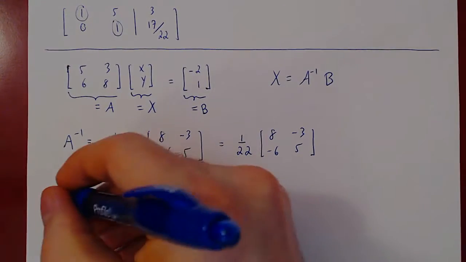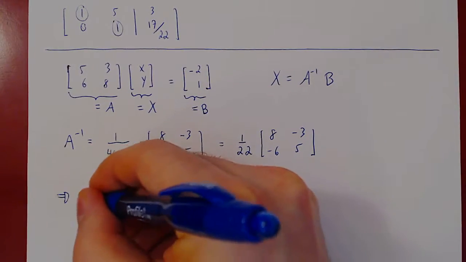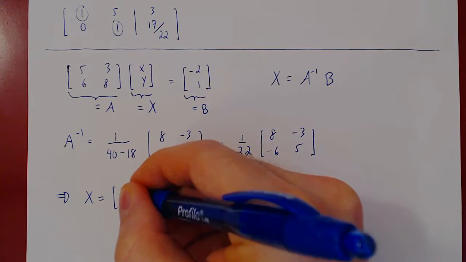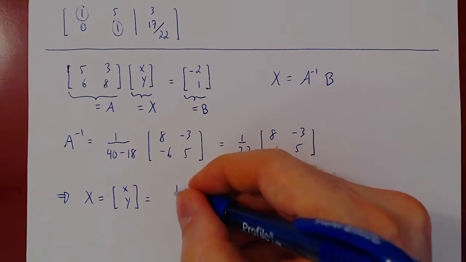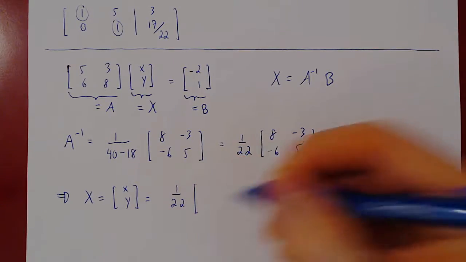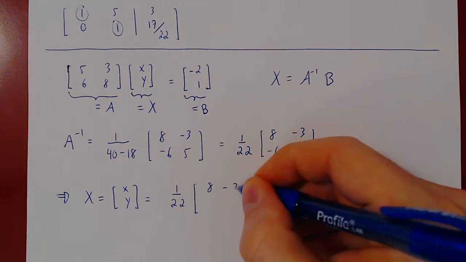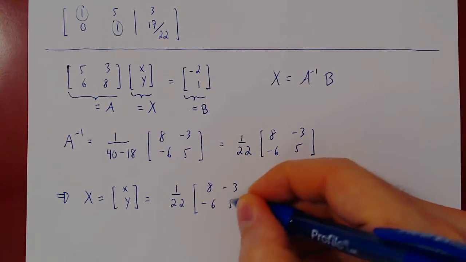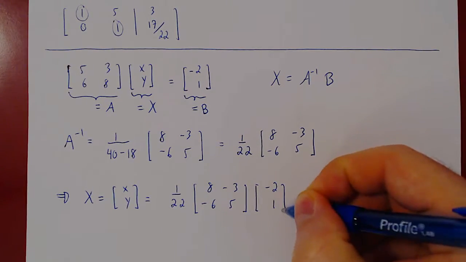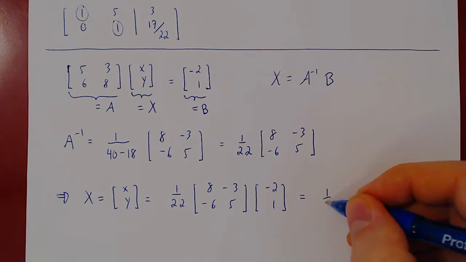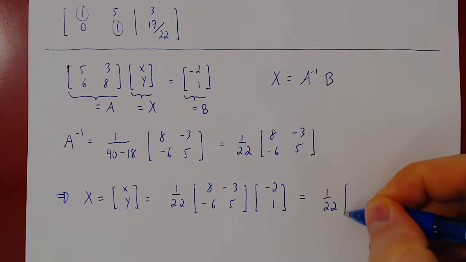And so, the vector of variables x, y equals A inverse B, 1 over 22 times 8, negative 3, negative 6, 5, A inverse times B, the vector of constants. 1 over 22, we'll leave it outside for now.